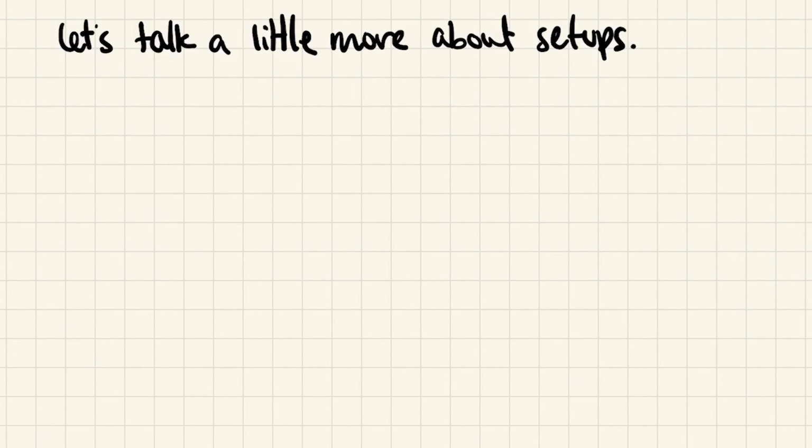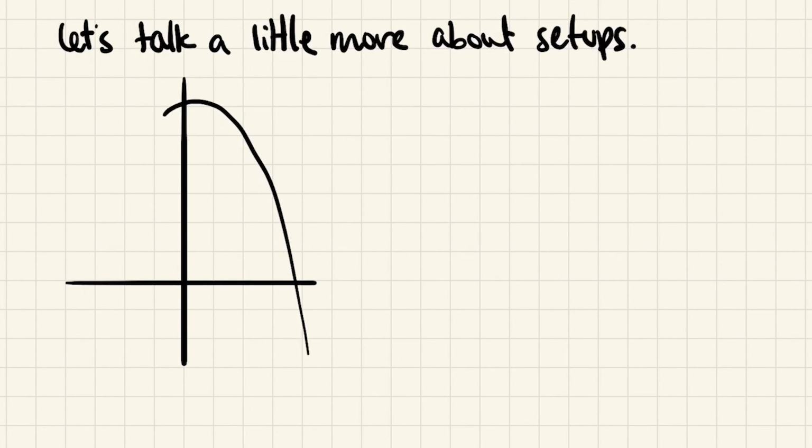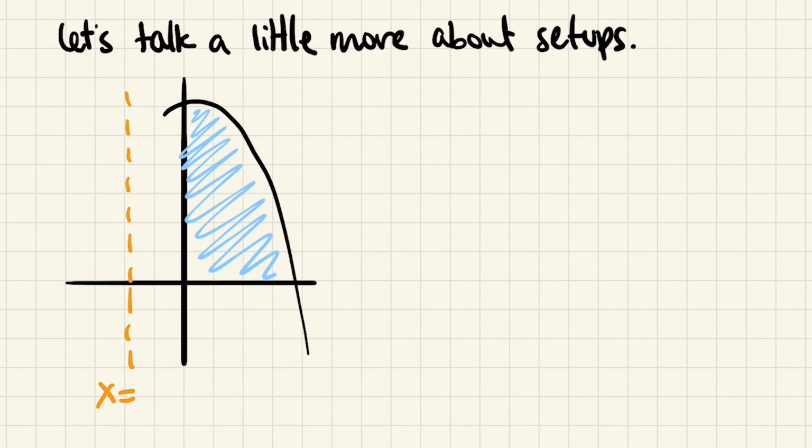Okay, let's talk just a little bit more about setups for a moment. Let's suppose we had the same setup as last time. So we've got that parabola, and this is the region we're interested in. And last time, we rotated it about the line x equals -2.